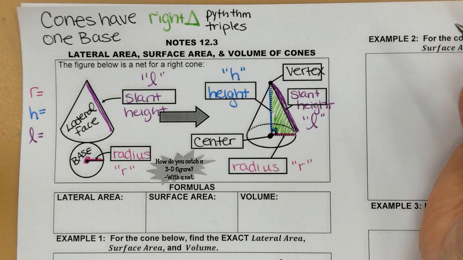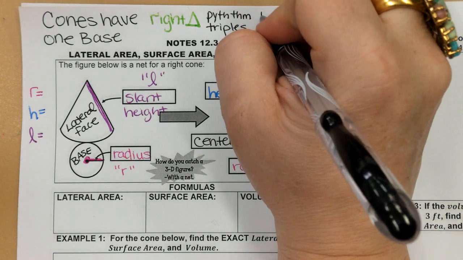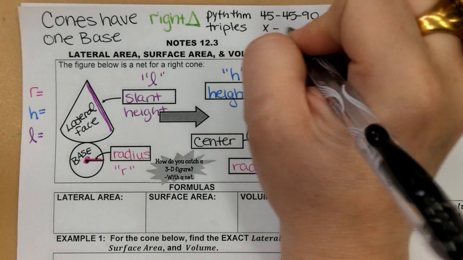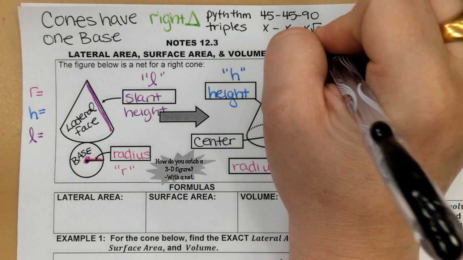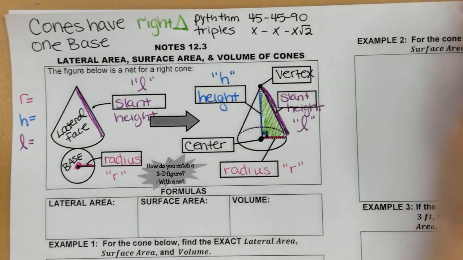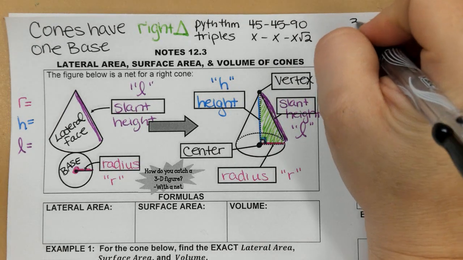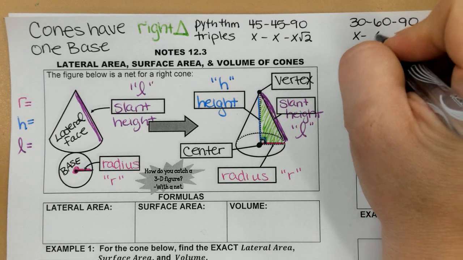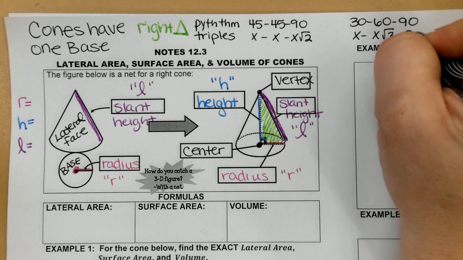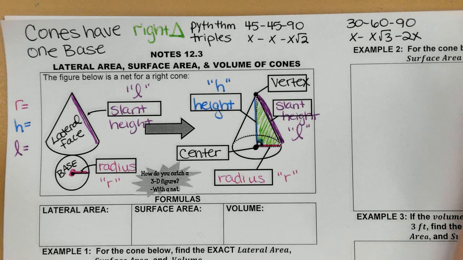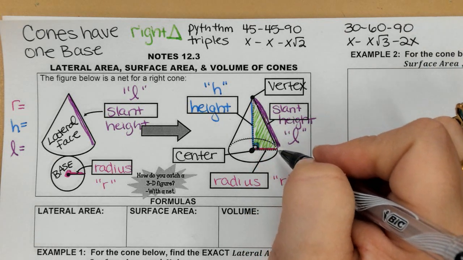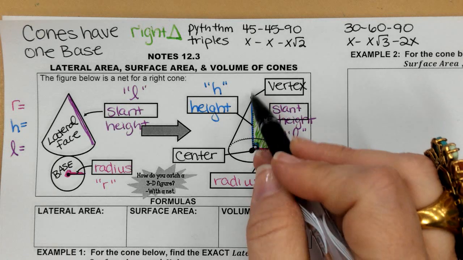A lot of your homework has Pythagorean triples. We can even use the 45, 45, 90 rule, which is x, x, and x square root of 2. And then the last type is our 30, 60, 90 special right triangles with x, x root 3, and 2x. Any and all of those we can use to find this sliver of a triangle on the inside to find your radius, your height, or your slant height.